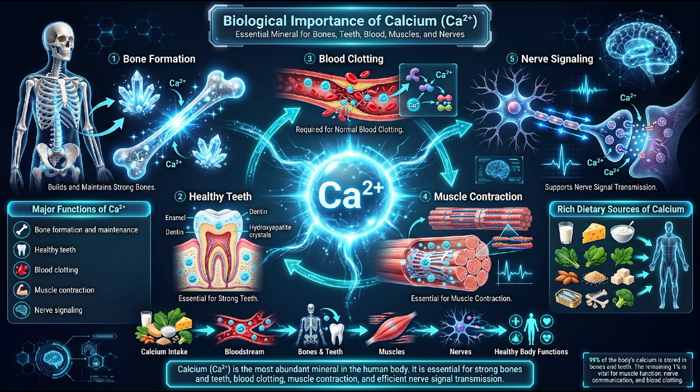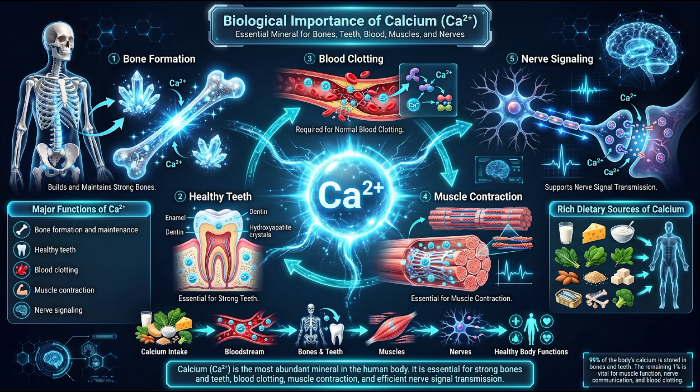Calcium also plays a central role in muscle contraction. Every movement of the body, whether voluntary or involuntary, depends on calcium ions. When a nerve impulse reaches a muscle cell, calcium ions are released from specialized storage compartments inside the muscle fibers. These calcium ions bind to regulatory proteins, allowing the muscle proteins actin and myosin to interact and produce contraction.